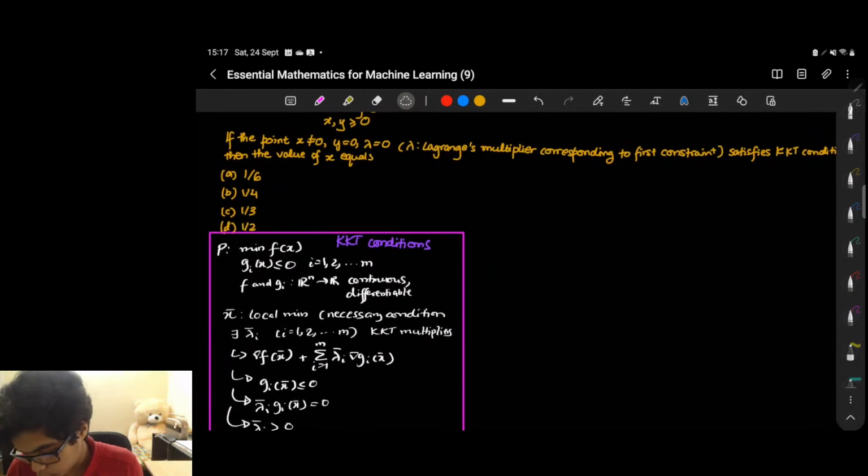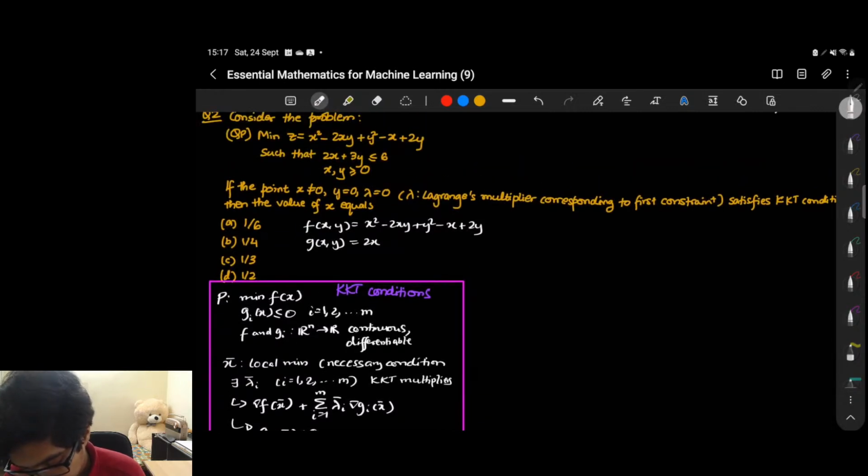So now we need to look at our given function. We are given that the function is as follows. And then these are the constraints that we have.